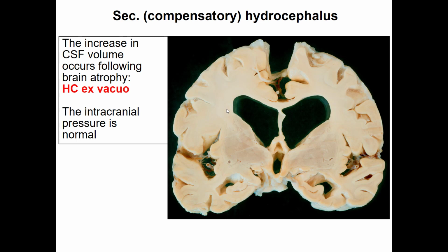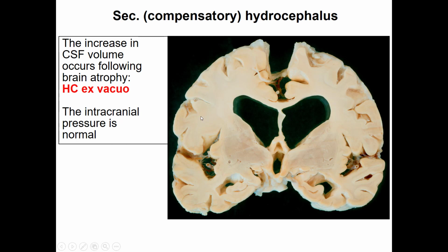The myelin is going to become decomposed, phagocytosed by macrophages, and there is going to be a great reduction of not only the gray but also of the white matter, and there is a compensatory dilatation of the ventricular system, which is called hydrocephalus ex vacuo, with the traditional Latin terminology. It's important that the intracranial pressure is normal.